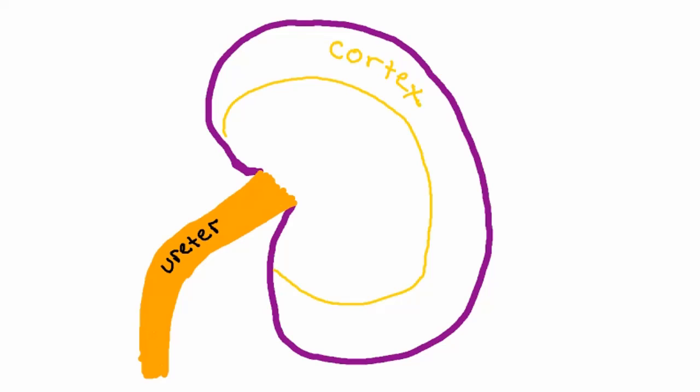Just like the most superficial region of your brain is the cortex. And pretty much the outer layer of any organ is called a cortex. A cortex is just a general term for the outermost layer inside of an organ. And then the middle section here is called the medulla. So if you hear medulla, think middle.